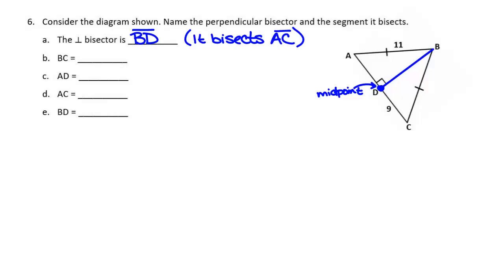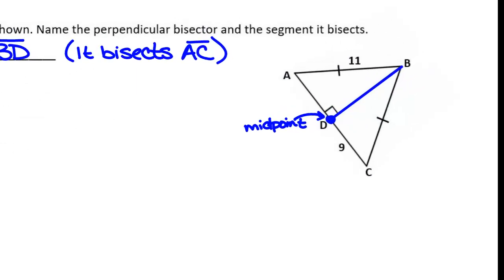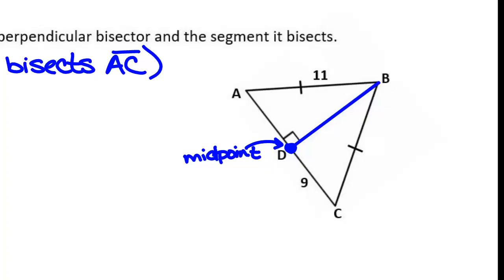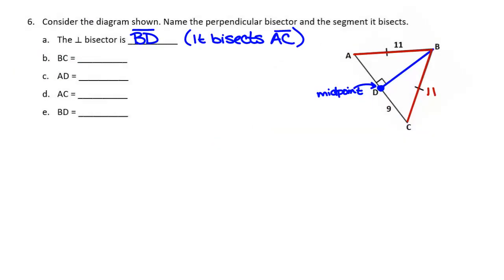If D is the midpoint and BD is the perpendicular bisector, then that means that AB is congruent to BC. So BC is how big? BC is 11.